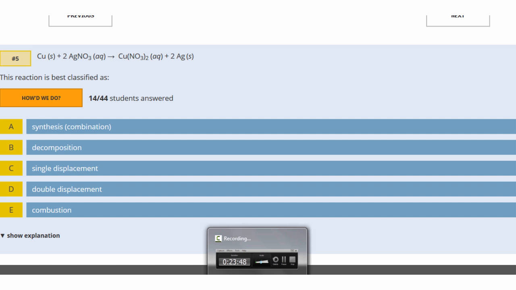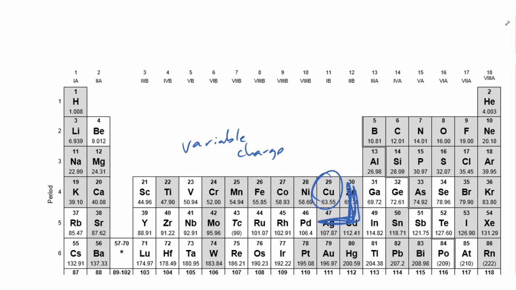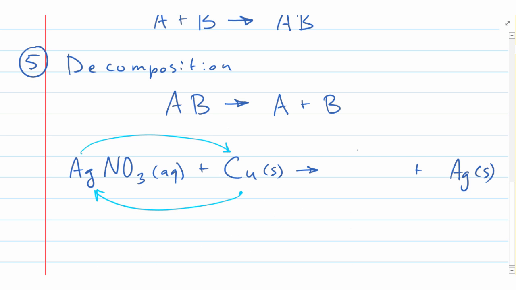You don't have that experience, but chemists have studied this, and we know by looking at the colors very often which one is in there. That's why we're not completing and balancing these equations, because you don't have the ability to predict with your background what those charges are going to be. But we can identify it as a given reaction type.